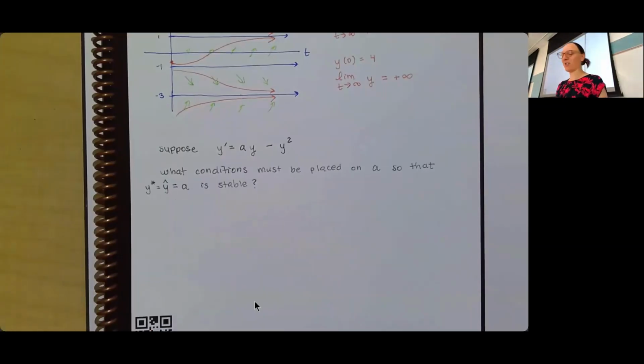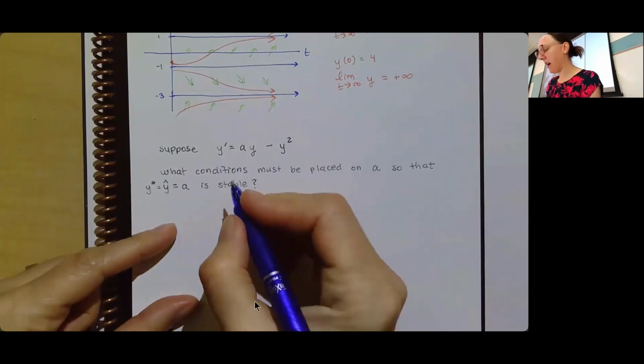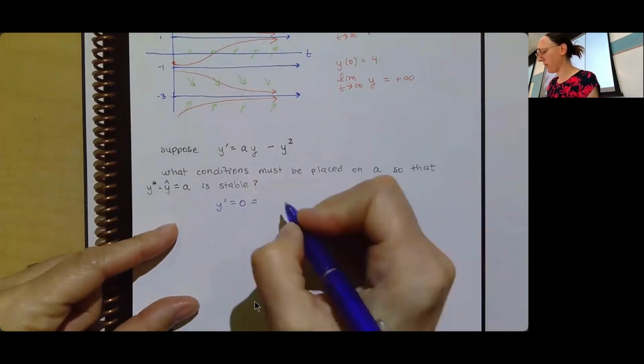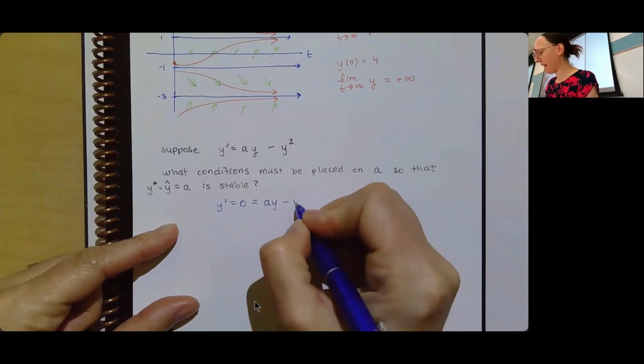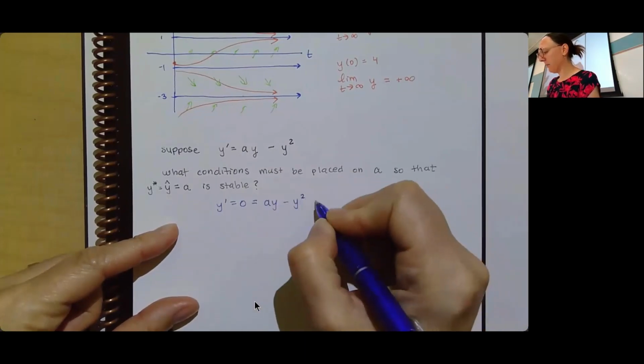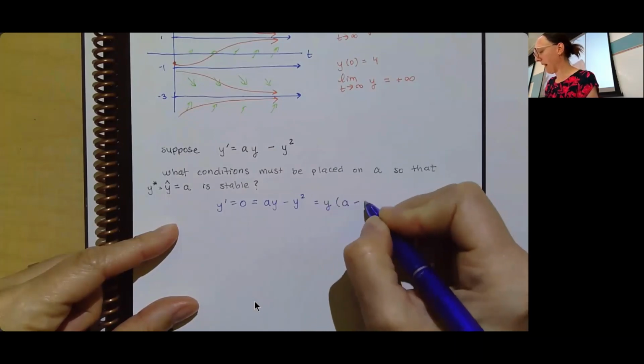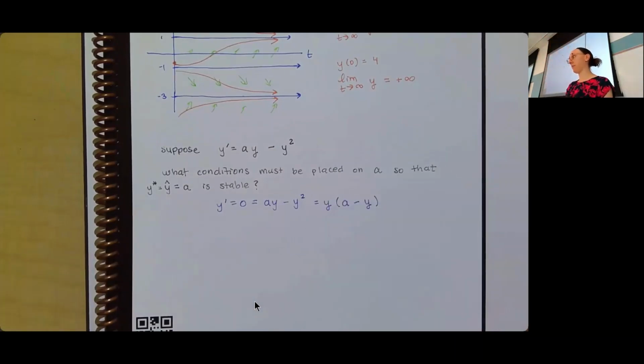If I go ahead and solve for our equilibria, I'm always starting in the same place and setting y prime equal to 0. Well, I gave us something that factors. So I can pull the y out, and then I'd have a minus y here.